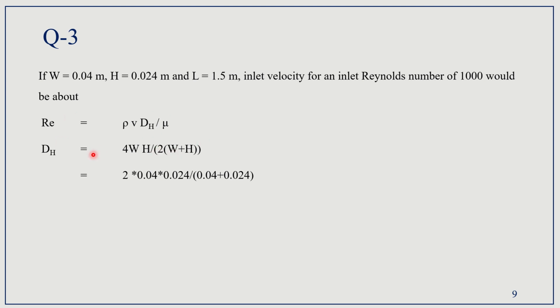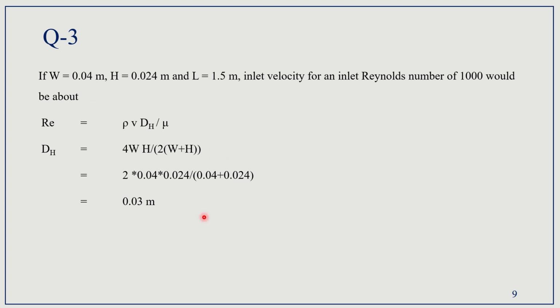The 2 and 4 get cancelled and we are left with a single 2, and w is 0.04, h is 0.024, and w plus h is 0.04 plus 0.024. After substitution we have the value as 0.03 meter. So the hydraulic diameter we found is 0.03 meter.